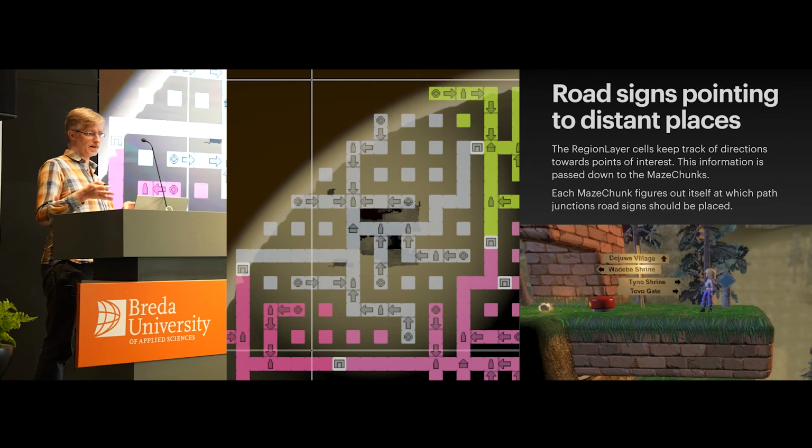And the maze layer, a maze chunk, can query the information about the region layer cell it's in, and then figure out at which points in its own maze-like paths there are junctions where you would need to place these road signs to point what direction you need to go to reach the points of interest.